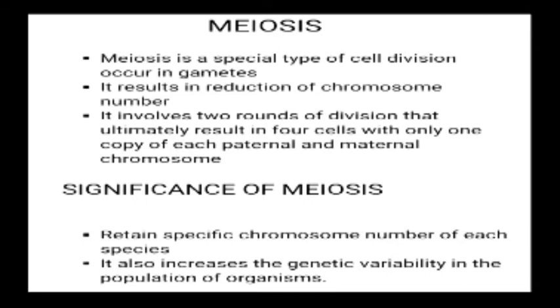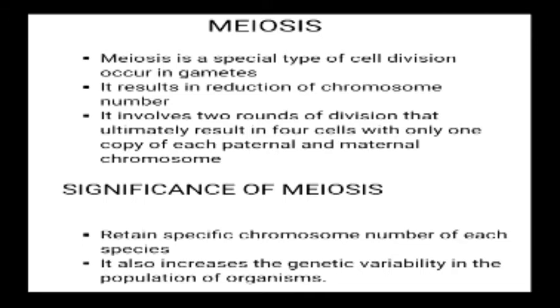For example, in human there are 46 chromosomes in a cell, but in gametes the number of chromosomes is 23, that is half of 46.